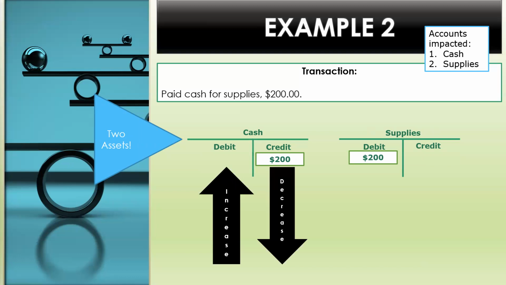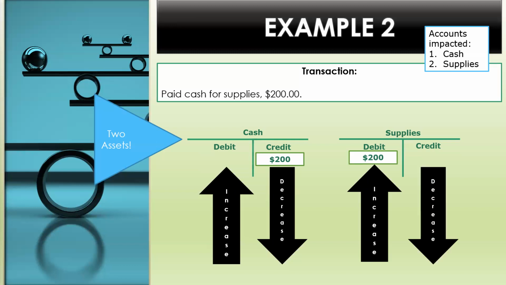Here, cash is going to be credited in the amount of $200, and that will decrease the cash account. While the supplies account is increasing, we're going to debit this asset for $200.